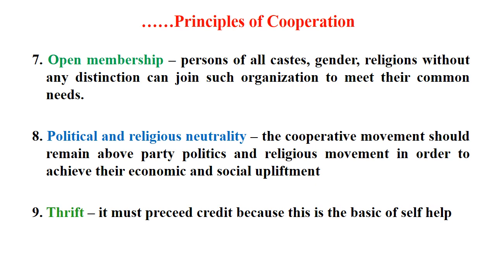So this cooperative will not have any specific connection with political parties or any religion in order to achieve their economic and social upliftment. And number 9, the last one, is thrift, that is it must precede credit because this is the basis of self-help. So credit facility should be there for supporting their economic need.